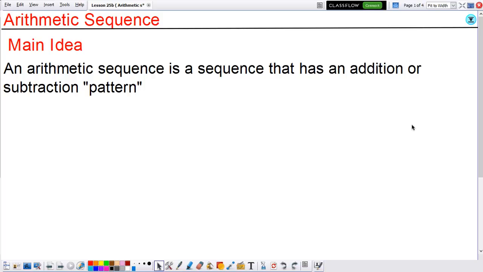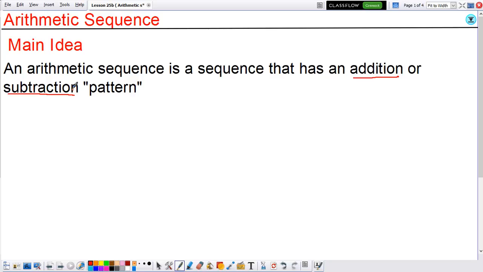Today, we will talk about arithmetic sequence. Now, here, the main idea is that if we've been given a sequence, we can label that sequence as an arithmetic sequence if it has either an addition or subtraction pattern. So we saw geometric sequences where the pattern needed to be multiplication or division.